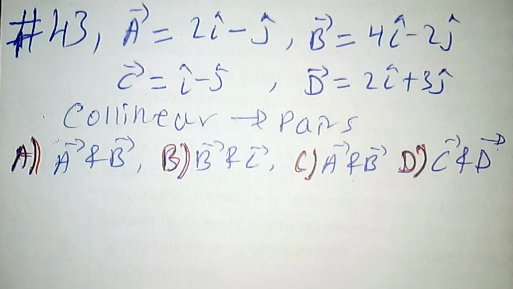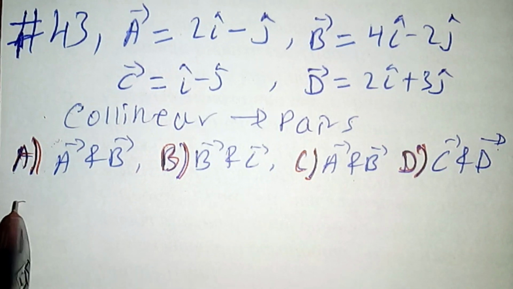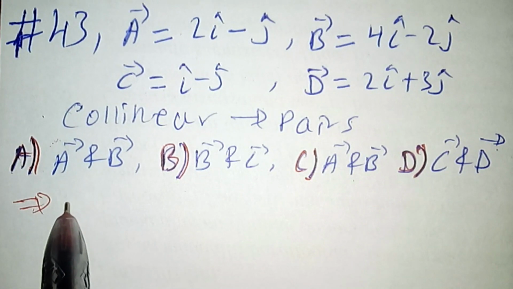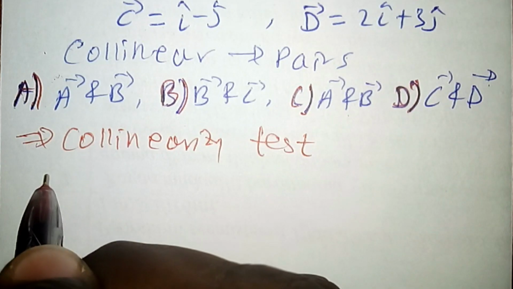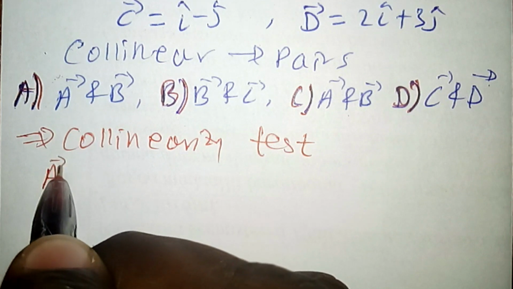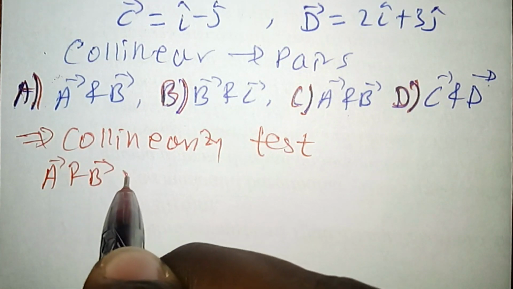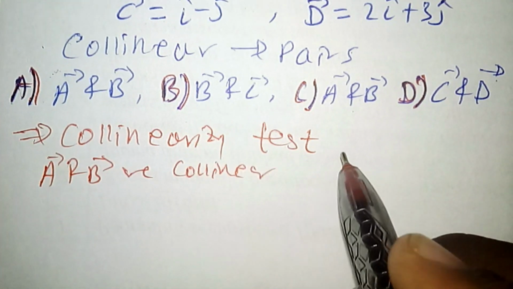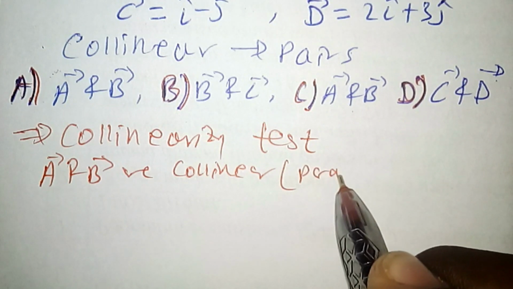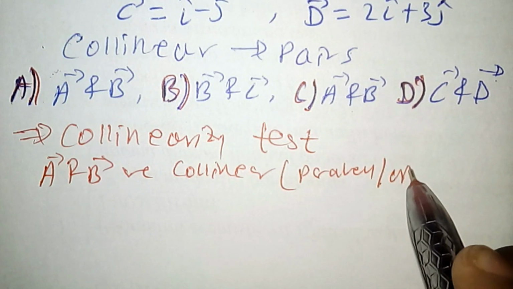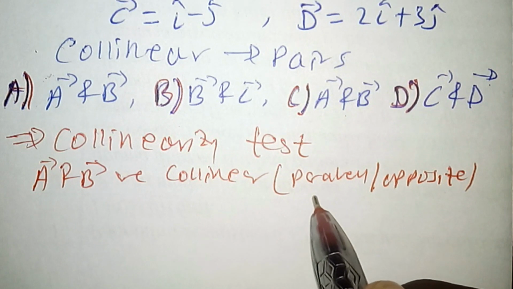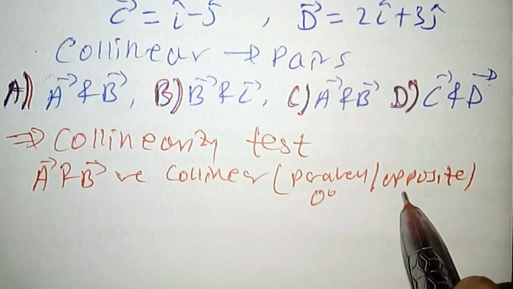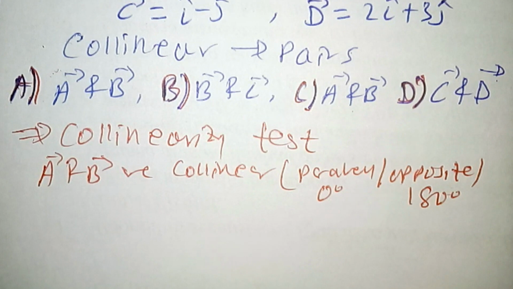So four vectors are given, A, B, C, and D. Which pairs of the vectors are collinear? To do this, we use the collinearity test of vectors, which states that if vector A and vector B are collinear, meaning they are either parallel or opposite, that means the angle between the two vectors is either 0 degrees or 180 degrees.